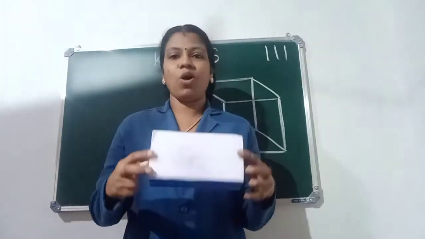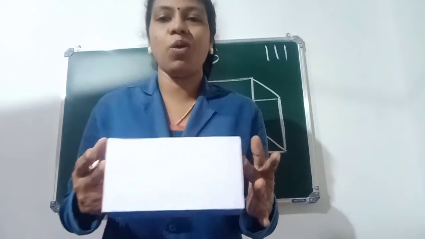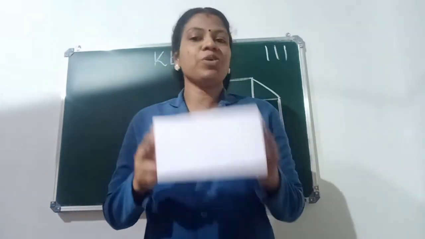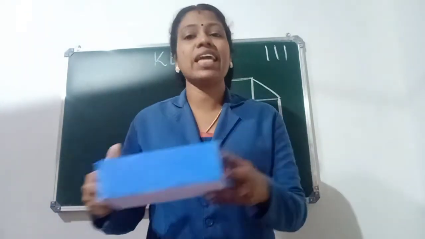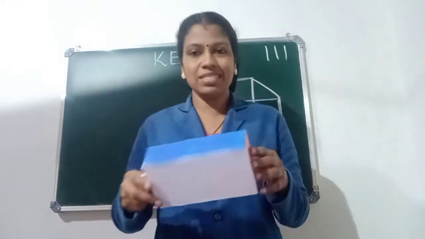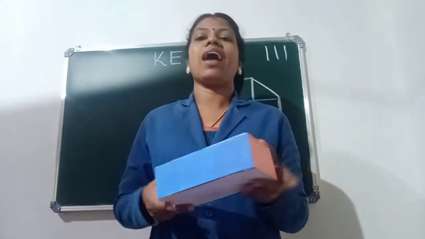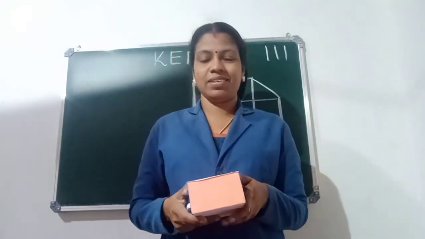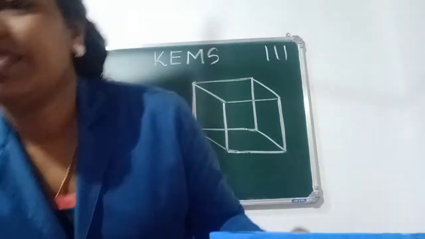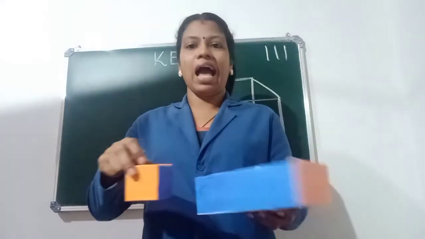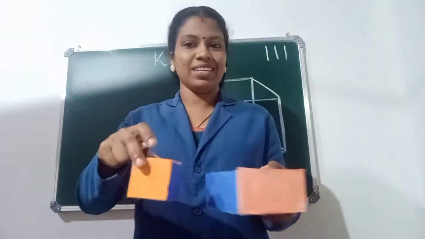The next solid shape is a cuboid. Actually, cube and cuboid have the same features, meaning same faces, same corners and same edges. But there is only one difference. What is the difference between a cube and a cuboid? Look carefully.